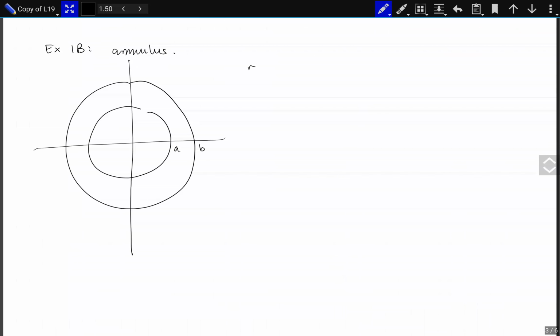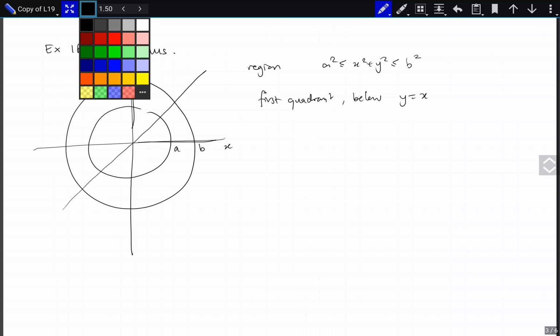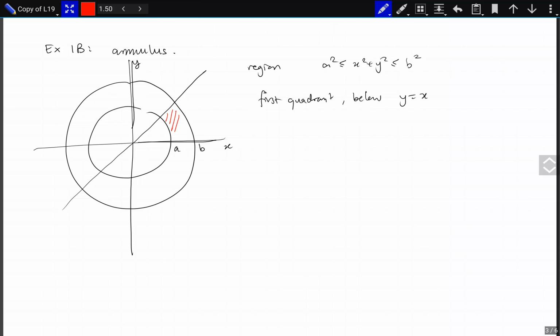So the region will be a squared smaller or equal to x squared plus y squared smaller than b squared. And here we want to be over the first quadrant, so just between this chunk and this chunk, and below y equals x. So this chops up and I only have this piece.